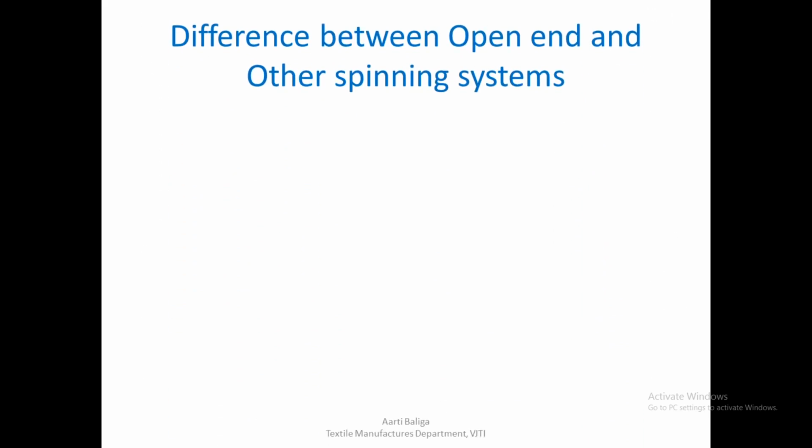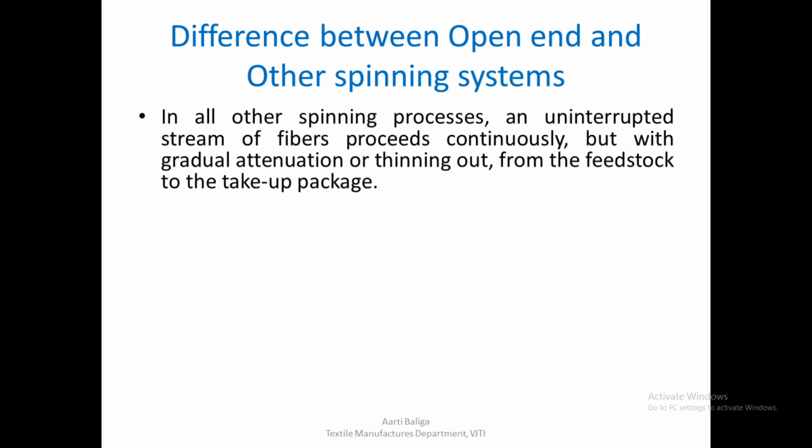So whatever system we know up till now, which is the ring spinning system, what is the difference between that ring spinning system and open end system? The only and the major difference is that in all other spinning processes that we know of, that is, the ring spinning, there it is an uninterrupted stream of fibers which are made to proceed continuously. That means there is no break anywhere.